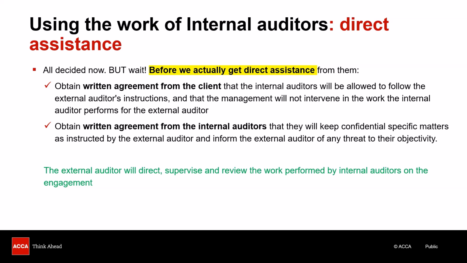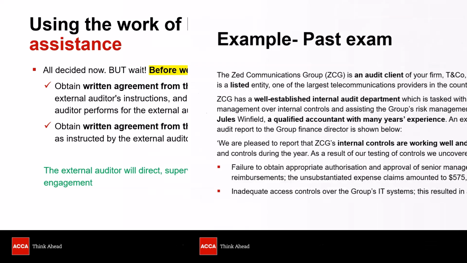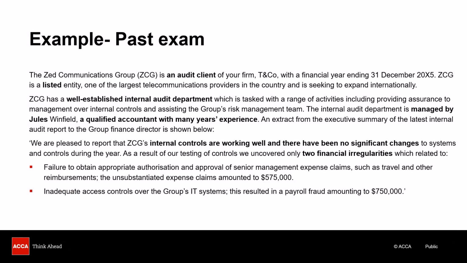Plus, we need to get a written agreement from the internal auditors that they will keep the information confidential. Because our confidentiality requirements apply to them as well, we need to get them to sign that. Ultimately, whatever work they do, we are the ones who have to direct, supervise, and review their work. So the ultimate responsibility remains with us.